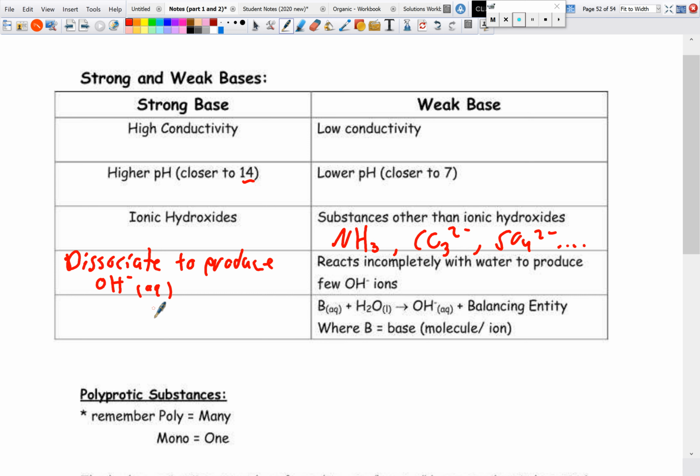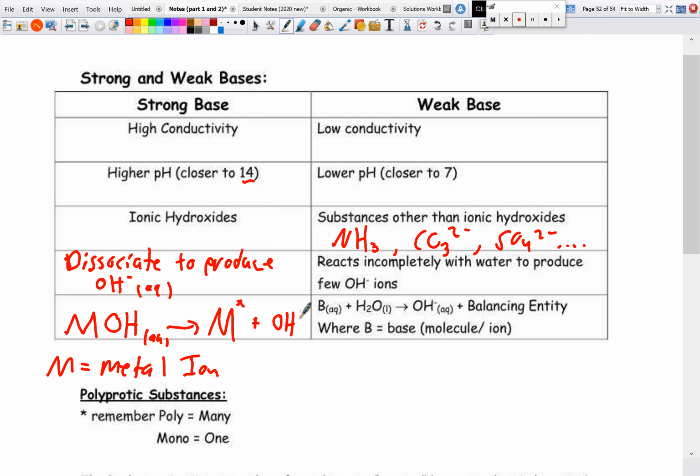In the modified Arrhenius theory, a weak base was the base plus water producing hydroxide, with a transfer of the hydrogen to balance it, whereas for a metallic hydroxide, where M equals metal, it produced the metal ion with whatever charge, plus OH minus. So it was a dissociation and not a reaction.